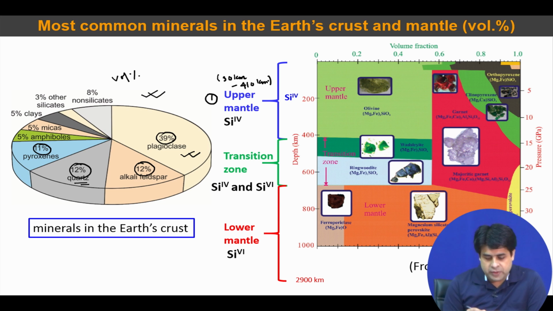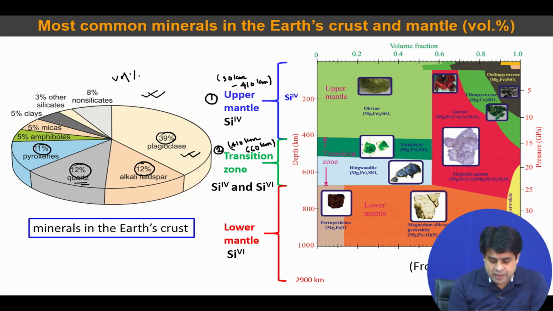Then you have a second layer in the mantle, called the transition zone. The transition zone starts from 410 kilometers to 660 kilometers depth.